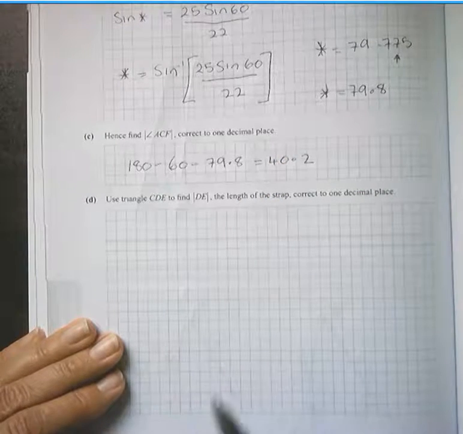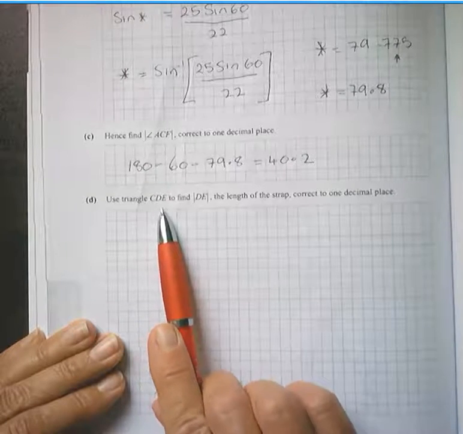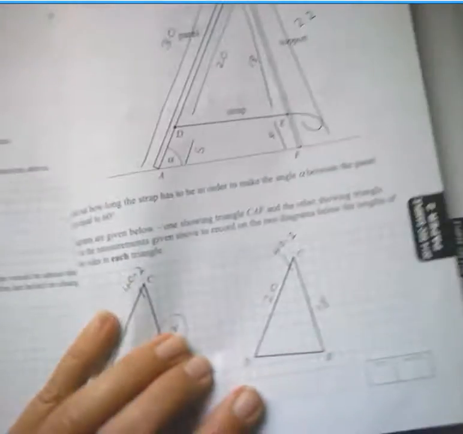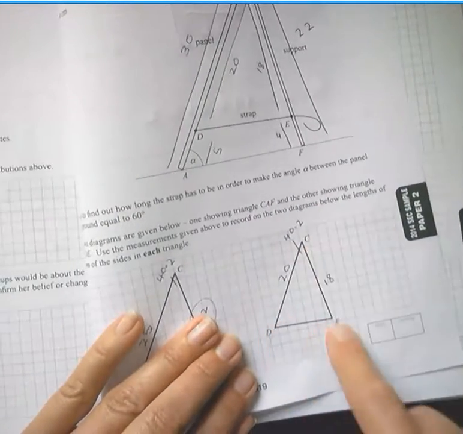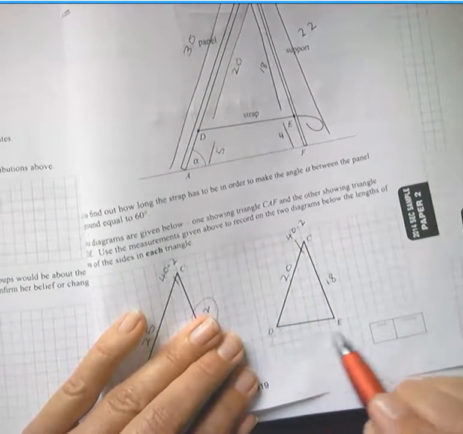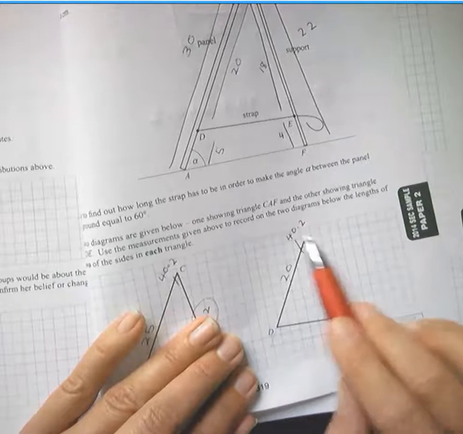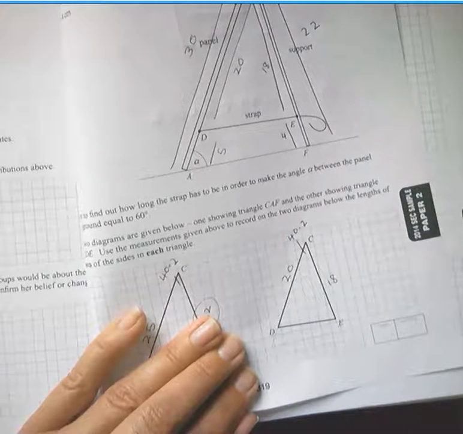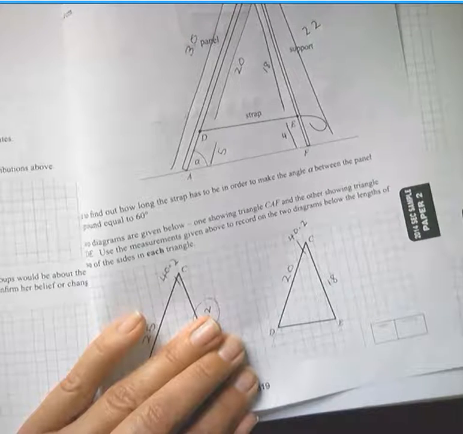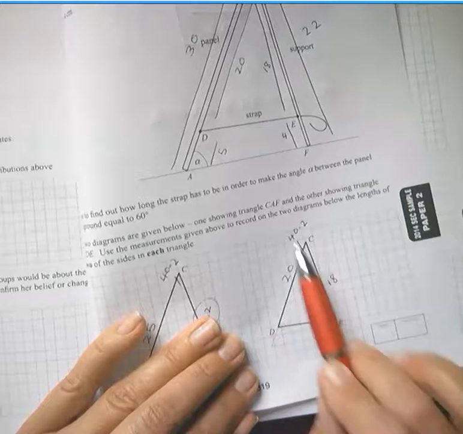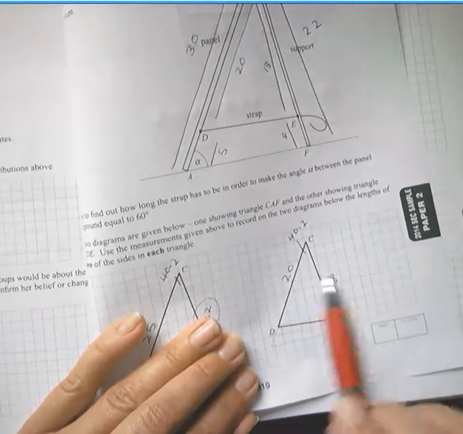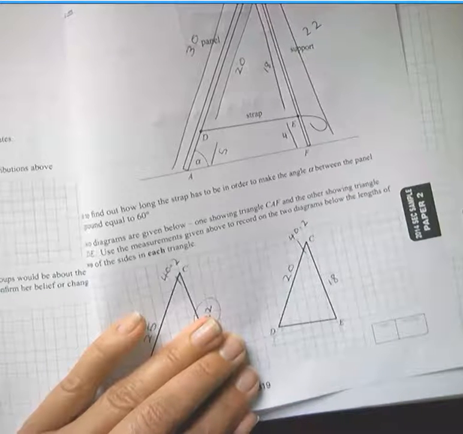Then it wants you to use the angle CDE to find DE. So it wants you to use this triangle to find the length of DE. In terms of this triangle, it's not a right angle triangle, and we don't have a side and its opposite angle, so the only option we have available to us is the cosine rule.